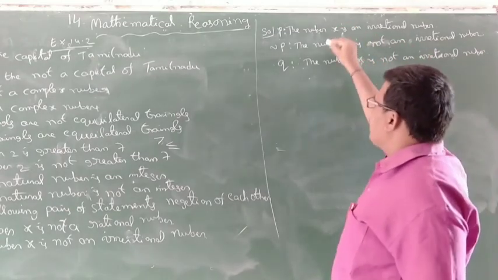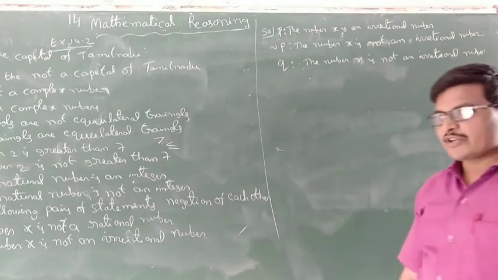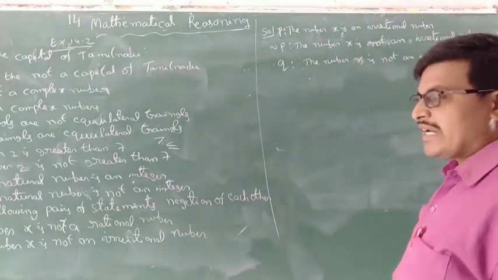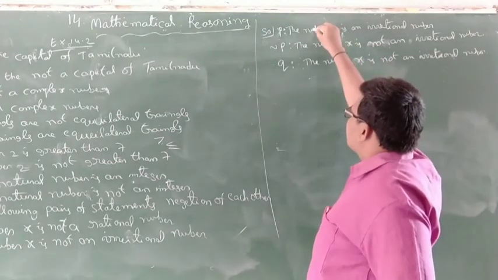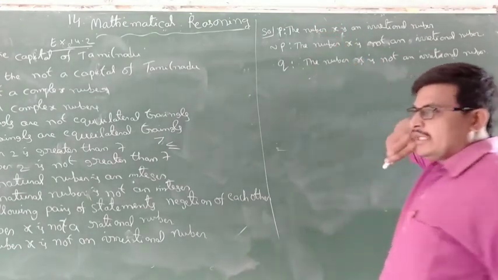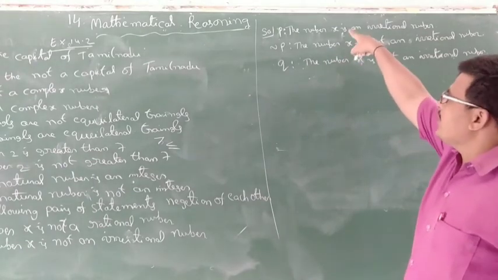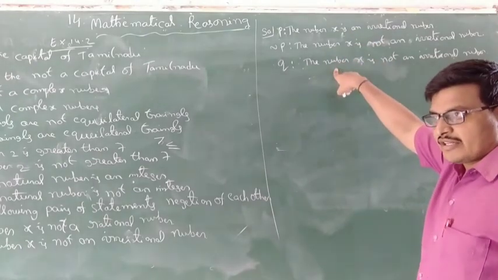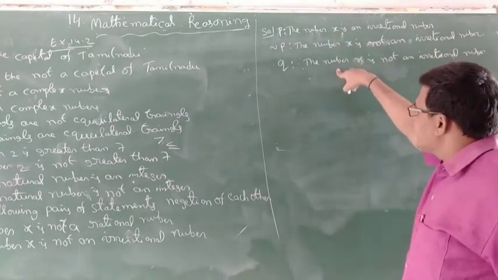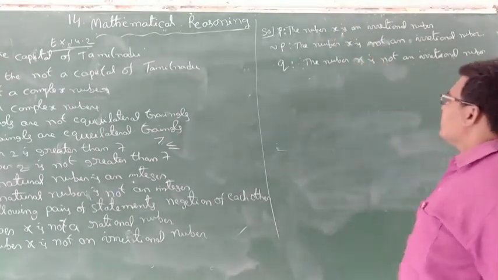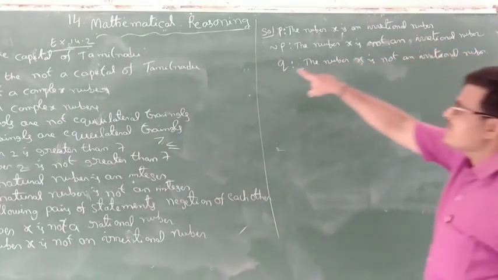P statement and Q statement: are both statements negations of each other or not? The negation of P is equal to Q, so Q is the negation of P. What is the negation of Q?